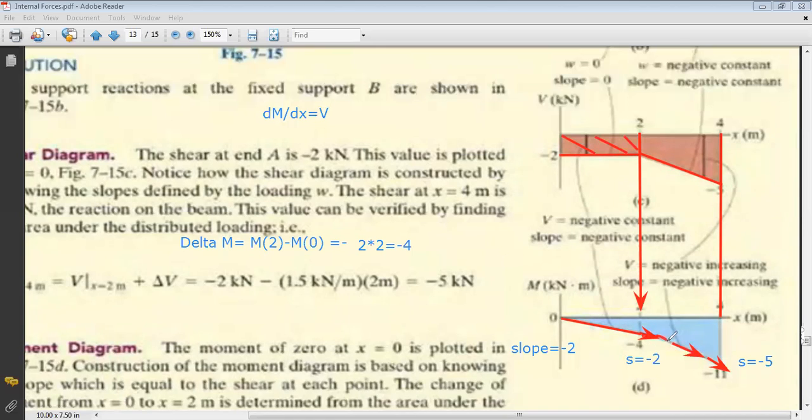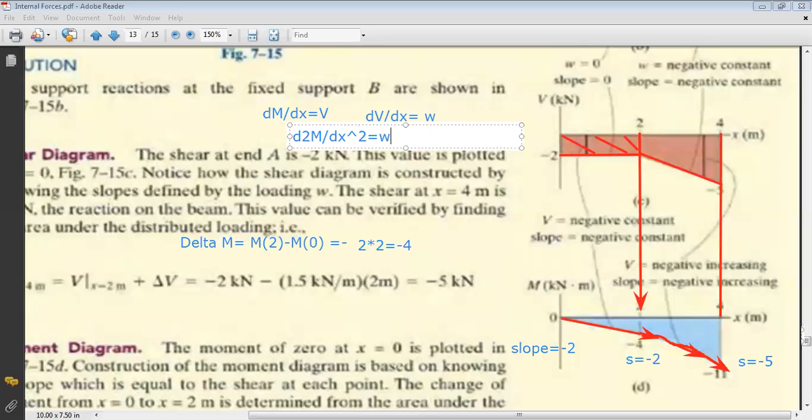And you know what? Also, you can directly know that it's concave downward by doing another result. You have here that the derivative of M by dx is V. And you know that the derivative of V by dx is W. Okay? So if I replace V by dM by dx, I deduce that the second derivative of M with respect to x is equal to W. And the second derivative will give you an idea about the concavity.